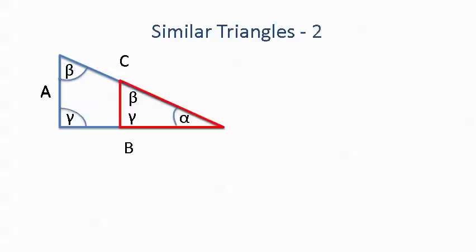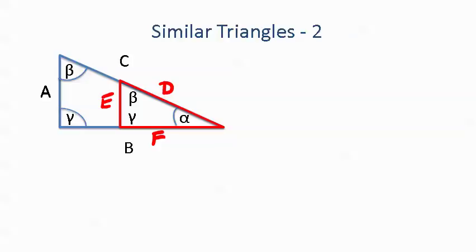Let us continue our discussion on similar triangles. We form these similar triangles ABC, and triangles with sides D, E, and F. And what we will do now, we will identify and apply the law of sines to both of these triangles, or apply the law of sines to either one of these triangles.